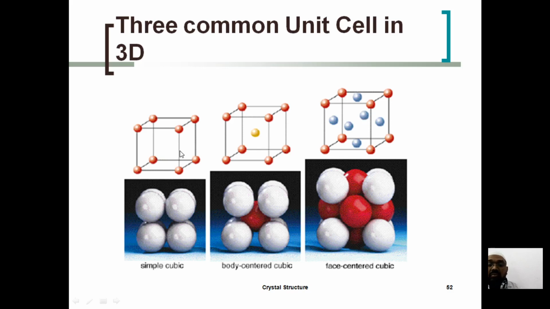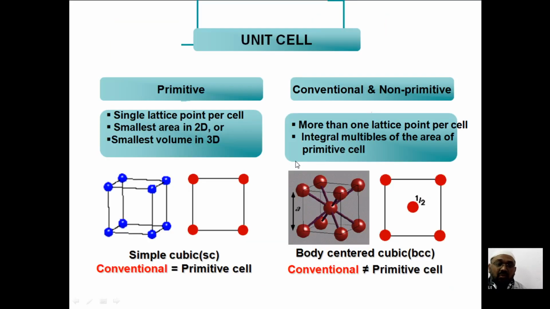This is called simple cubic, this is called body centered cubic, and what you are observing here is a face centered cubic. So these 3 types of Bravais lattices can be arranged in the cubic crystal system, which is being viewed on the screen.